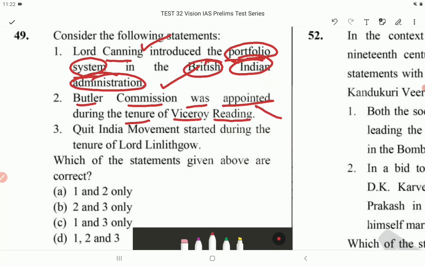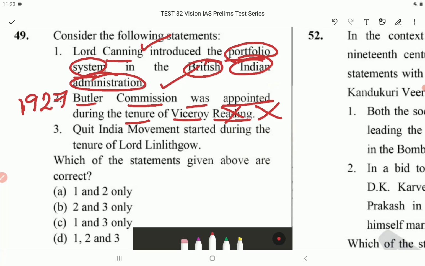This is incorrect. The Butler Commission in the year 1927 was set up to examine the nature of relationship between the princely states and government. It was appointed during the tenure of Lord Irwin. So it's not Viceroy Reading, but it was Lord Irwin.